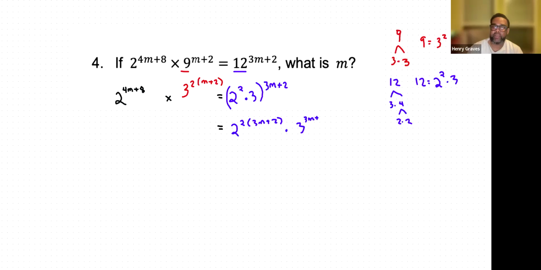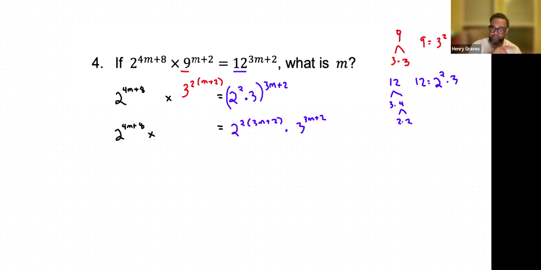So we're done with everything on the right side, and on the left side, I'm still going to leave my 2 raised to 4m plus 8. And then I have the 3 here in red. I'm going to go ahead and finish that guy off.